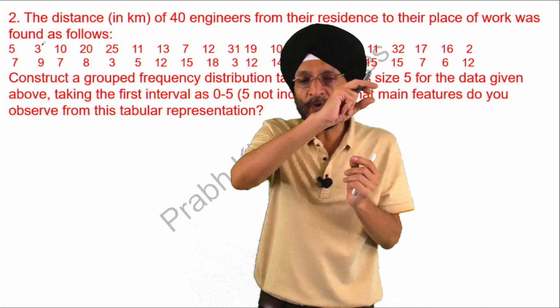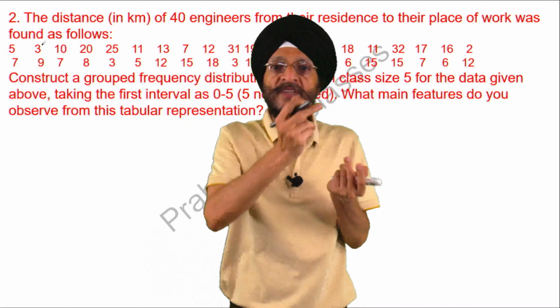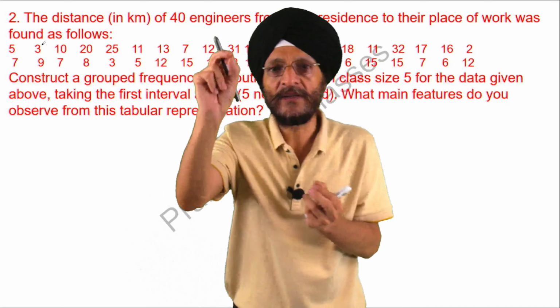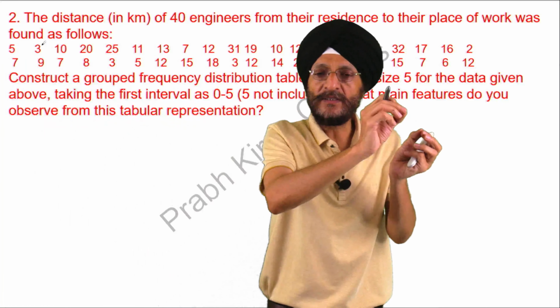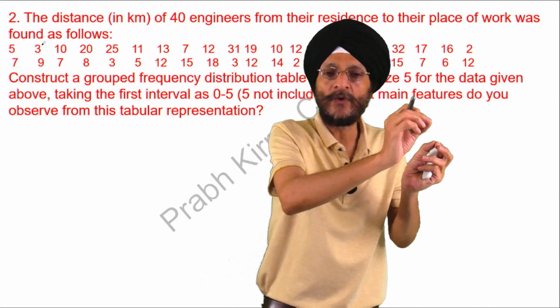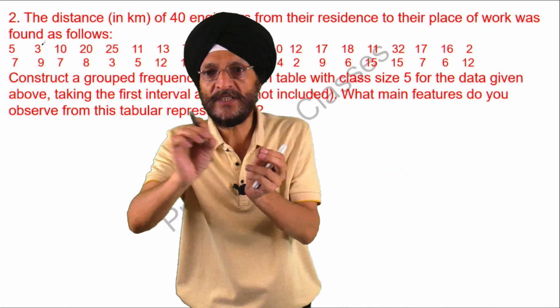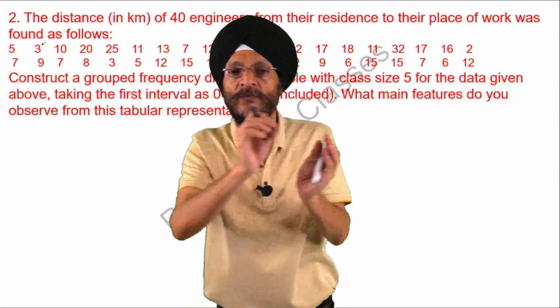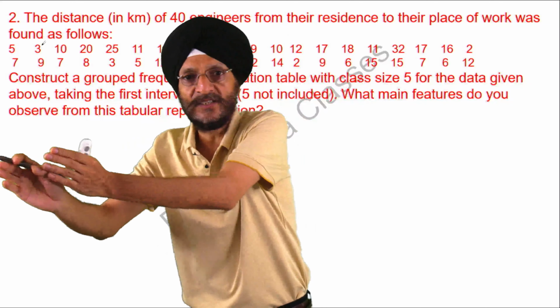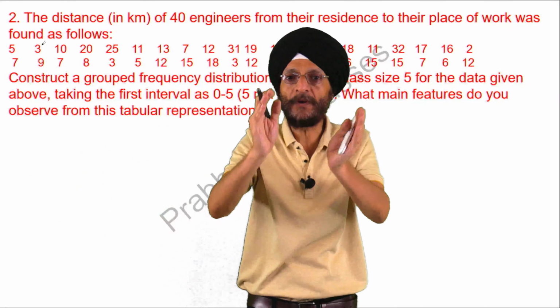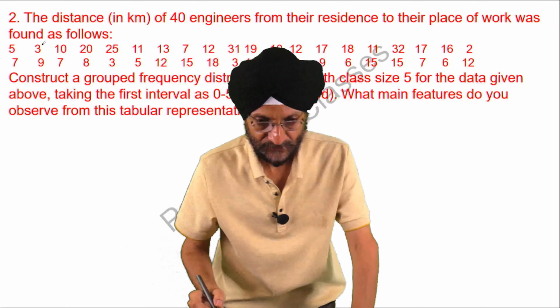That is, we will form groups, say from 0 to 5 kilometers, the number of engineers is this. The number of engineers who have to travel 5 to 10 kilometers is this. From 10 to 15 kilometers, the number of engineers is this. We will form the grouped frequency distribution table.